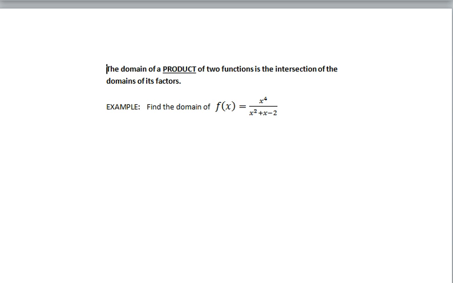The domain of a product of two functions is the intersection of the domains of the factors. This is a new piece of information now that we're going to work with. And notice that this, what looks like a quotient function, can be written as a product.